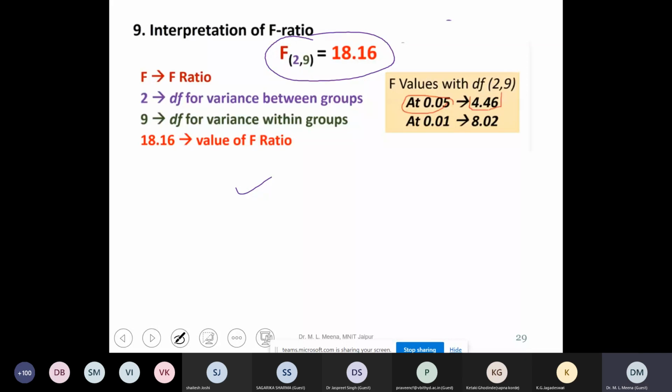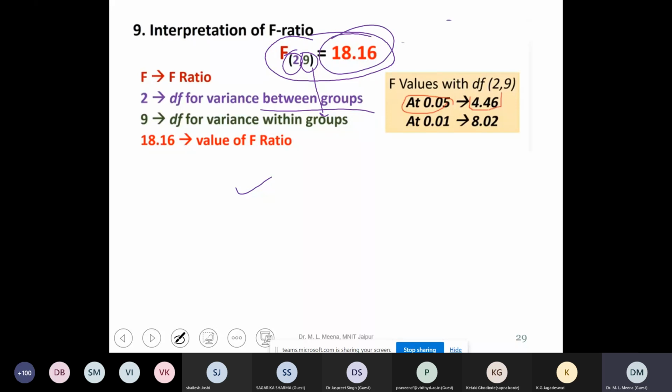After the calculated value, we find out the tabulated value from F table, Fisher's table. So first find out the degree of freedom between groups and within groups. Then by using the F table, the tabulated value is 18.16.